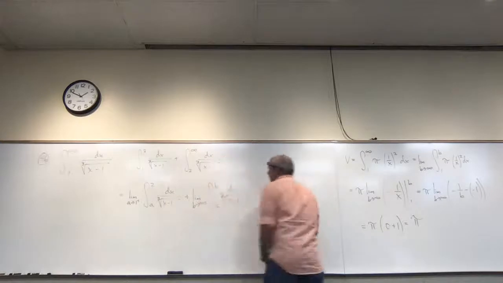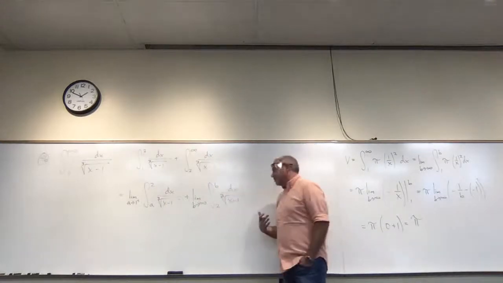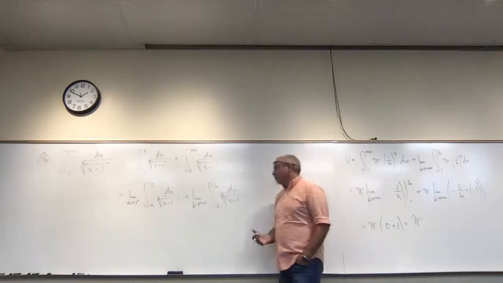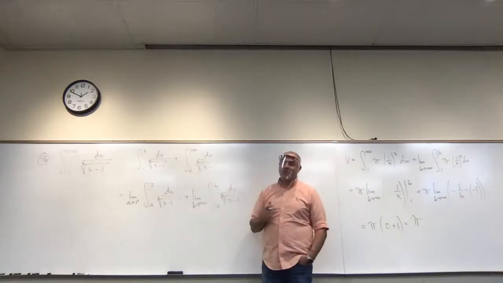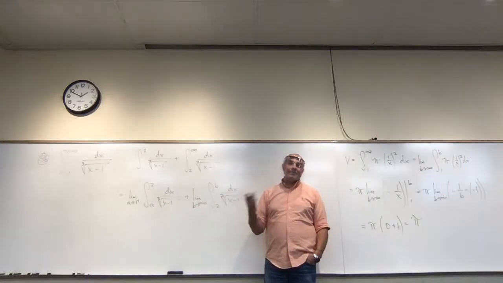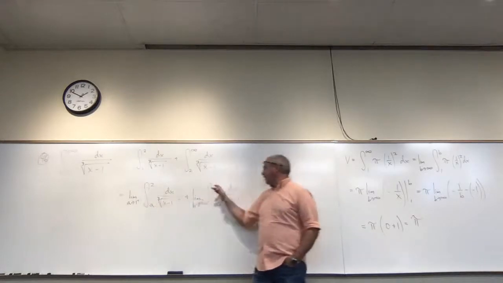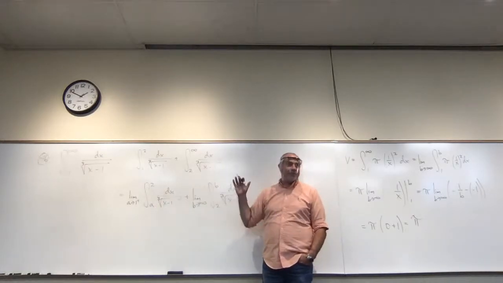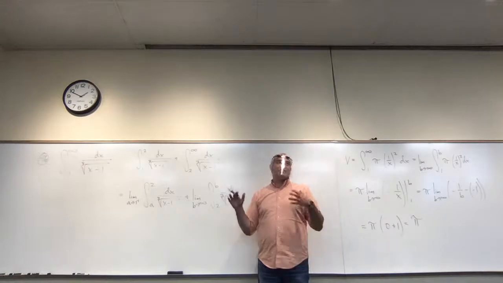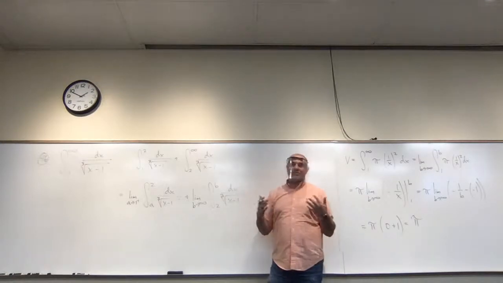Now, here's a little pro tip. Don't use the same letter for both. It doesn't matter if you use a and b, but don't use a in both places, or b in both places. It just gets messy, and you can mess yourself up that way.